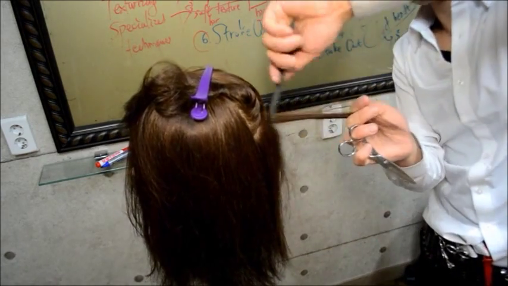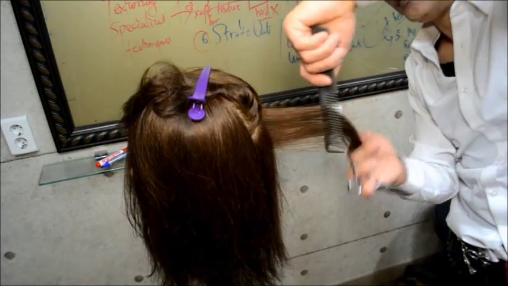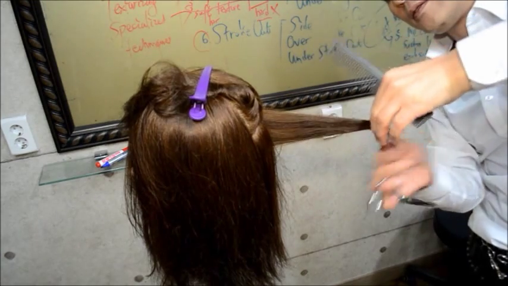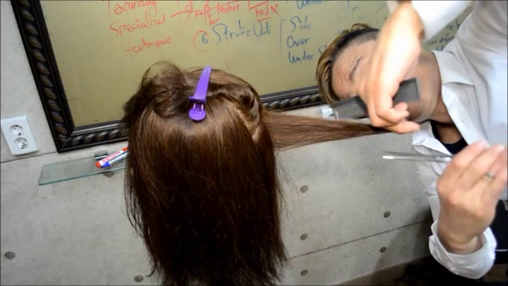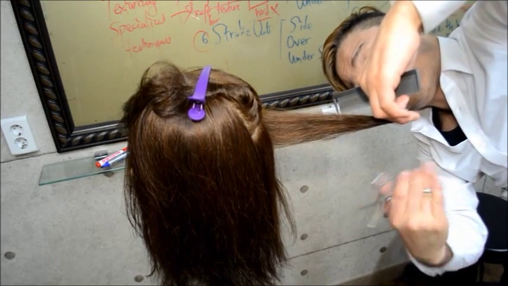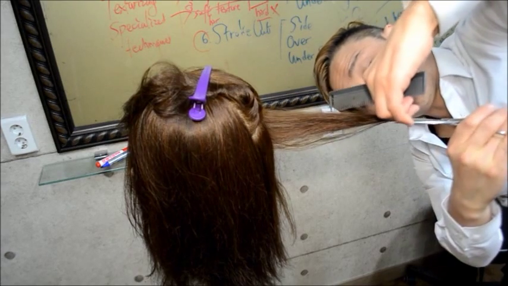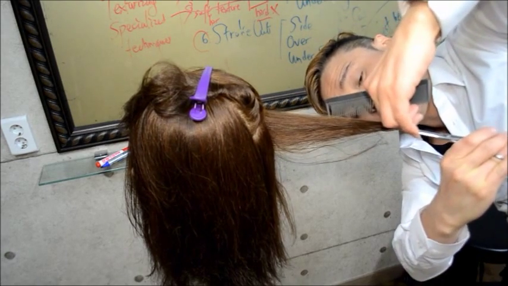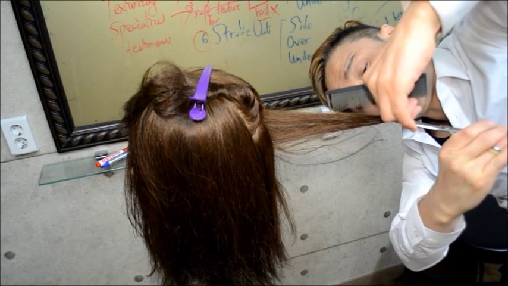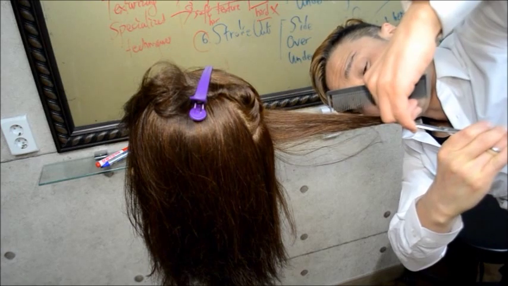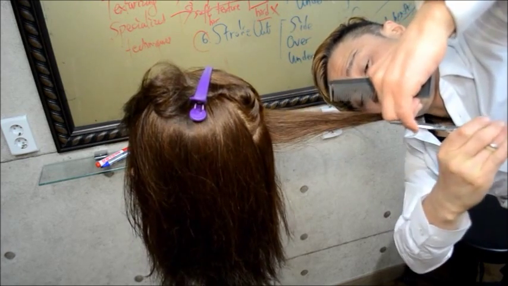Again, the next time. Turn this way, turn the hair and place the scissors with the open blade, slide and close with a gradual closing motion, like this.